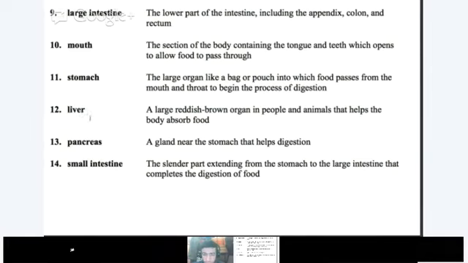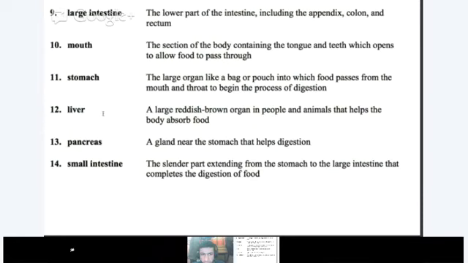People can actually die of liver failure. It not only helps absorb food, it also helps the body get rid of toxins, and one of the biggest toxins it removes is alcohol. So the liver is a very, very important part of the body.